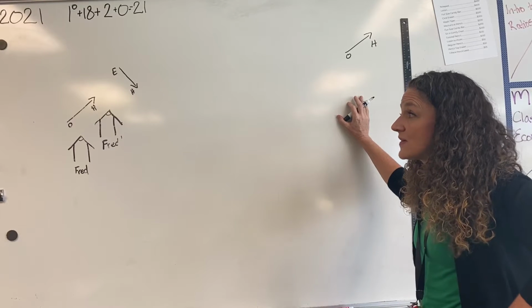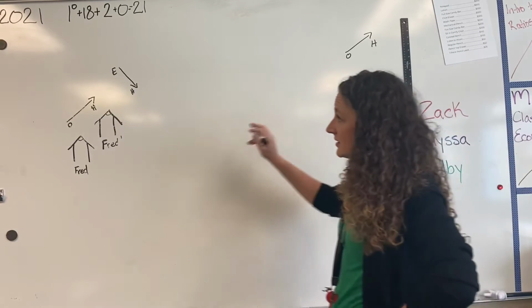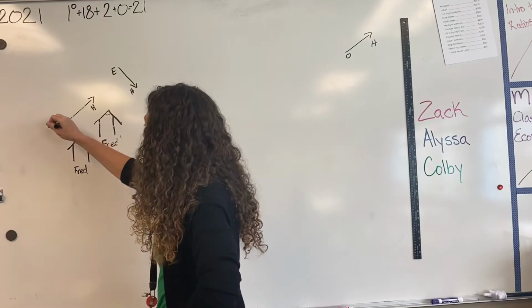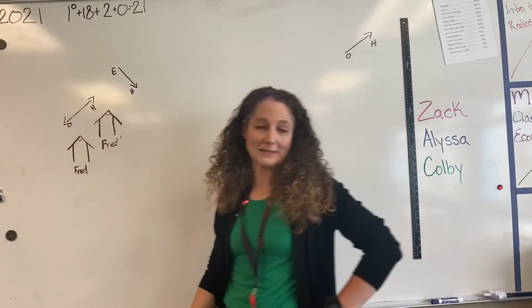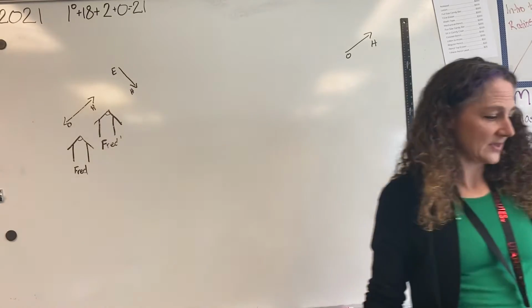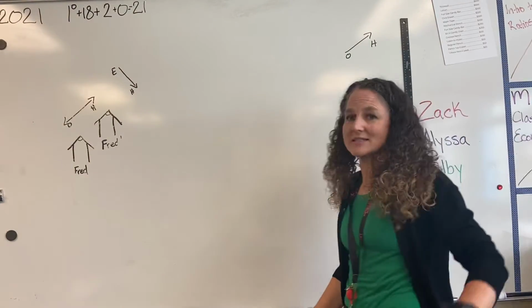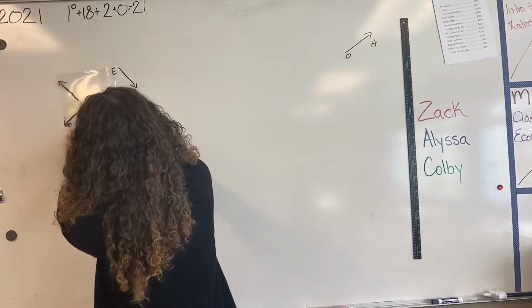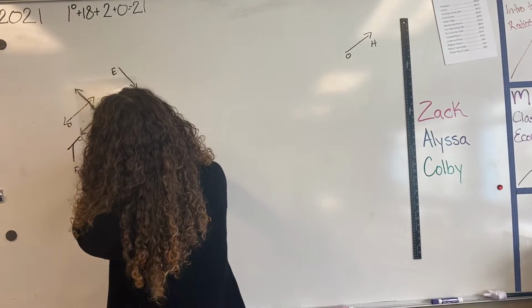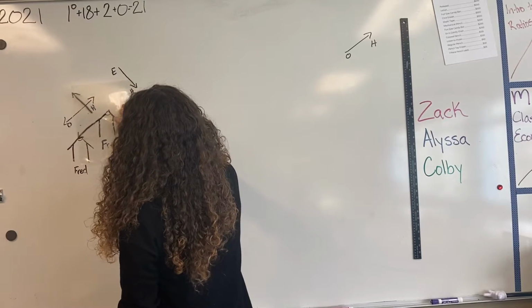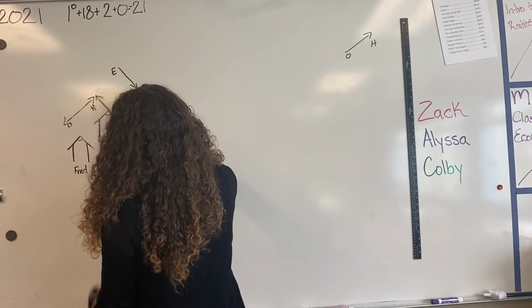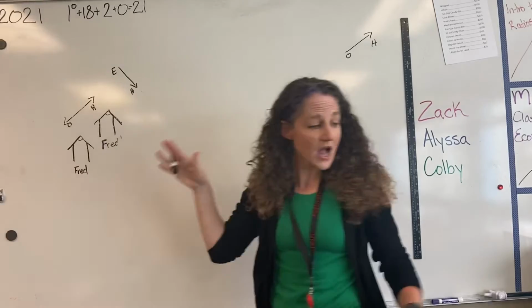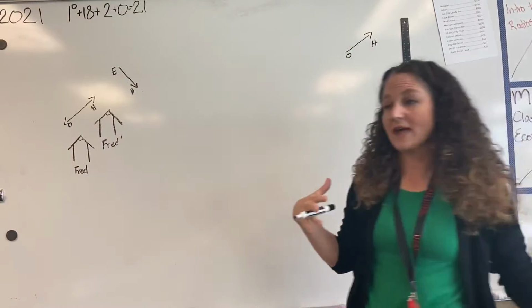If I used vector OH to get there, I'm going to use vector HO to get back. You would use the same vector, just going the other direction. And if we look, everything lines up. And Fred Prime goes back to Fred.